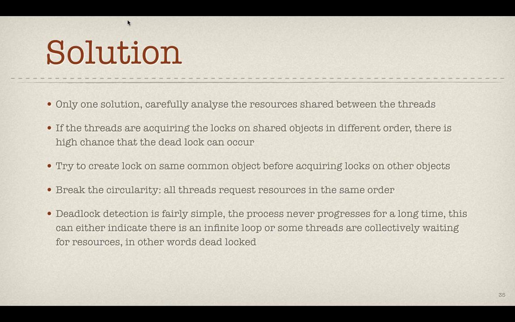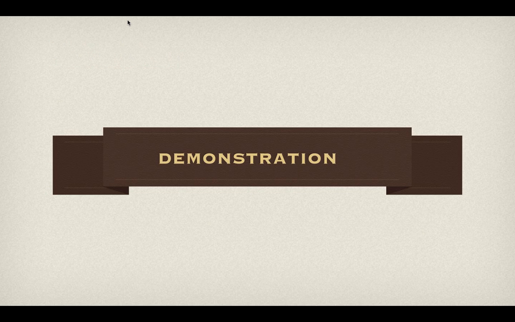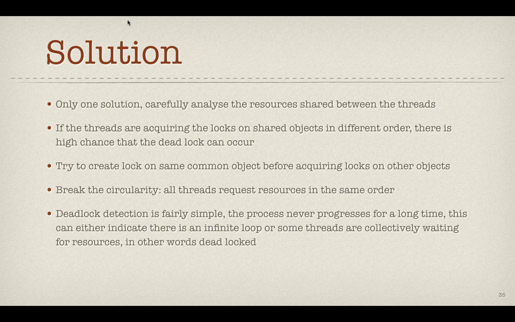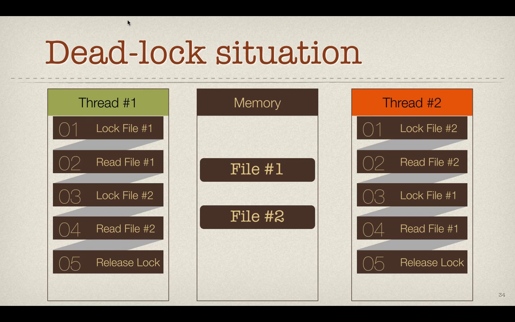If we acquire lock on all the files at once, whatever the thread needs, and then operate on all the files and release them, then there won't be a problem at all. Imagine instead of thread one locking a file, reading it, and then locking file two, what if thread one immediately locks file one and file two before thread two can get a chance to acquire lock on file two?